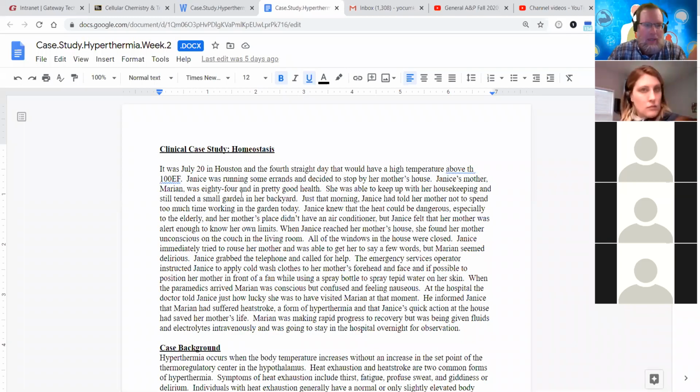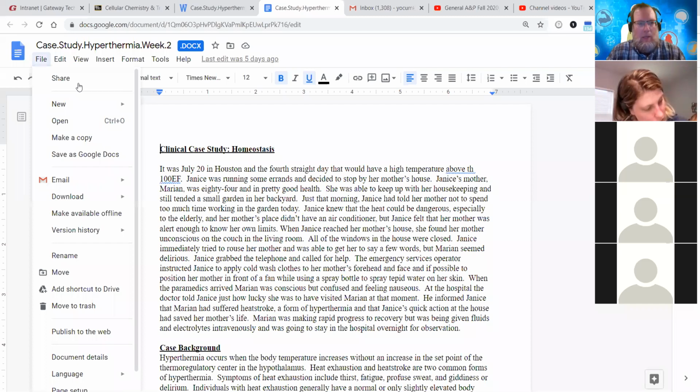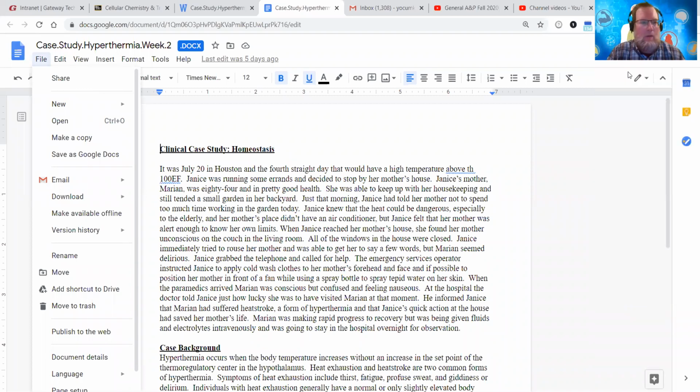Again, from your perspective, you won't be able to edit this, so you need to go over to File. Oops, my little people screen is in the way. So you need to go to File and go to Make a Copy. So you get your own copy, and then you can start typing right into that.